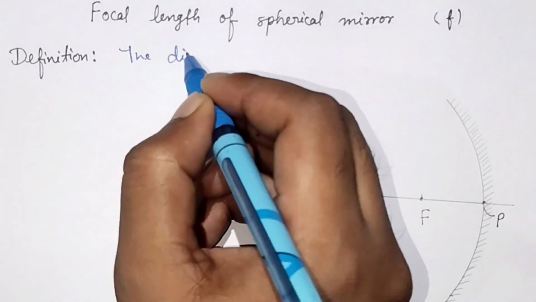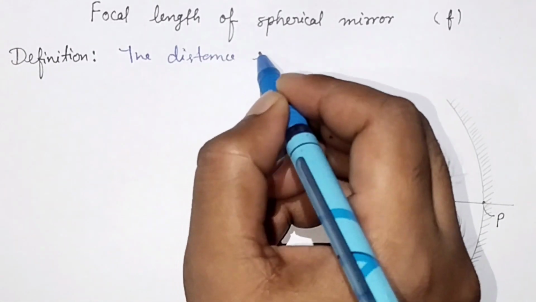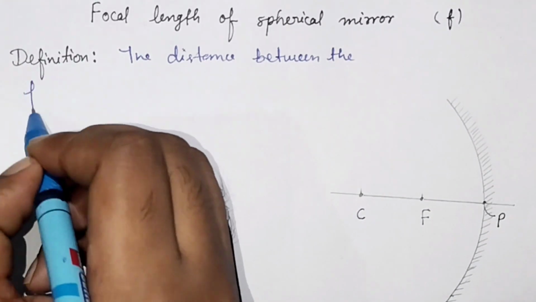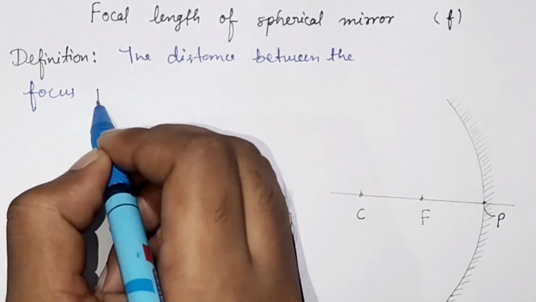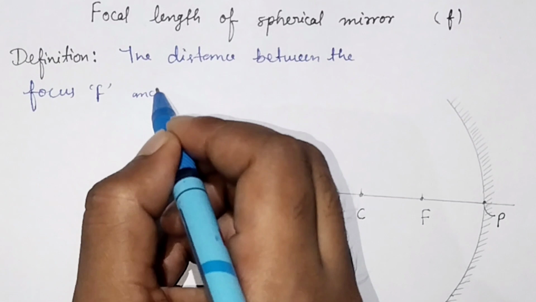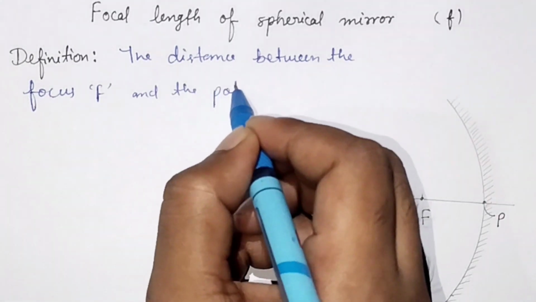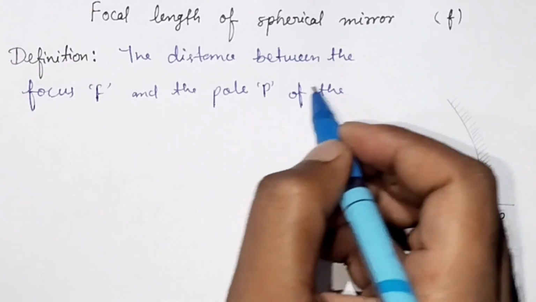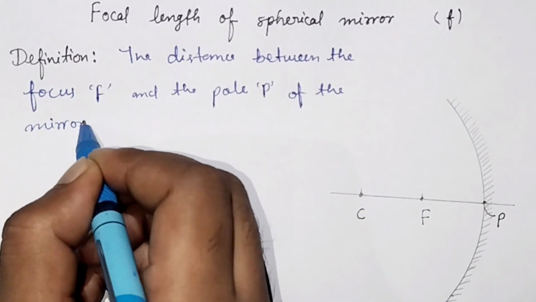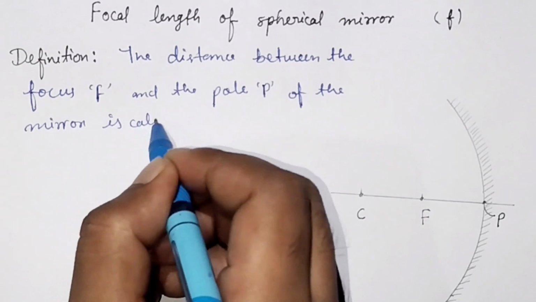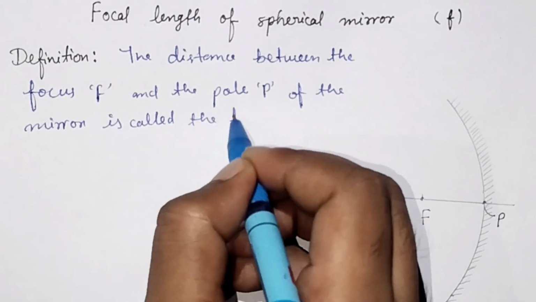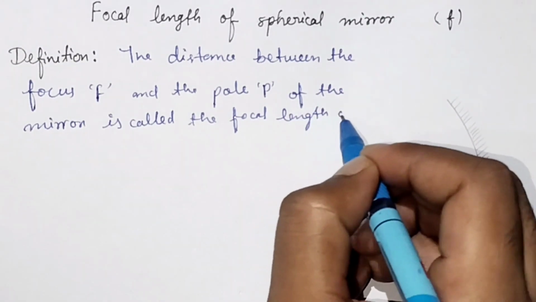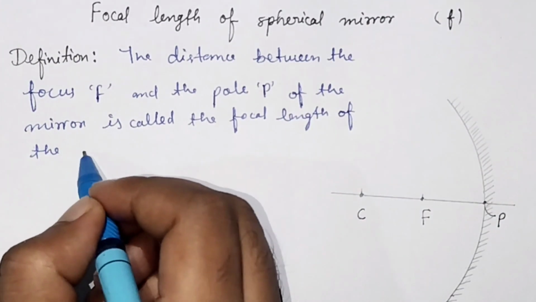The distance between the focus F and the pole P of the mirror is called the focal length of the mirror.